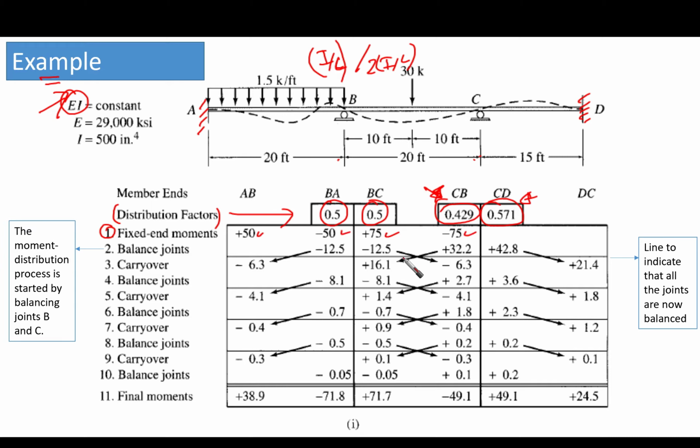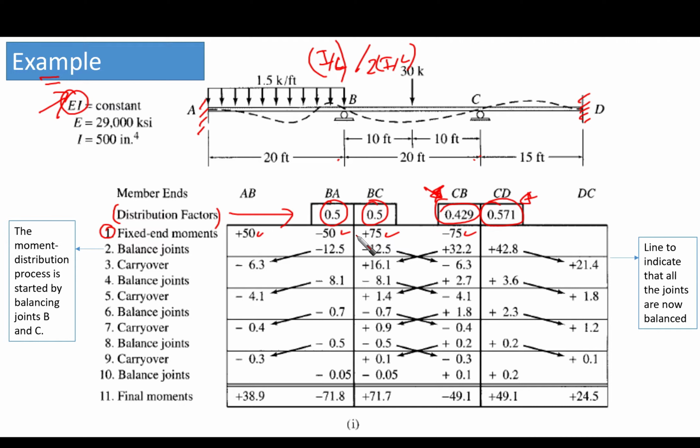Now let's go to the practical implementation, as we have said. We are not going to balance the unbalanced moments individually, but we are going to balance joints B and C at the same time. For example, 75 minus 50 is 25, the unbalanced moment.